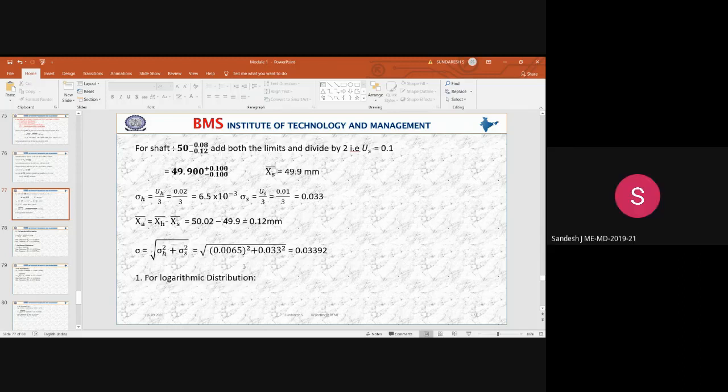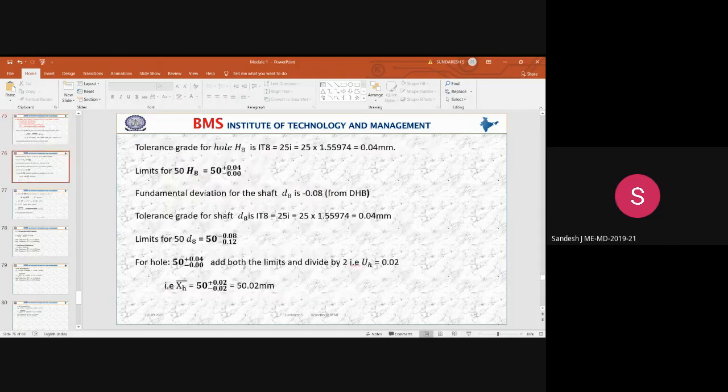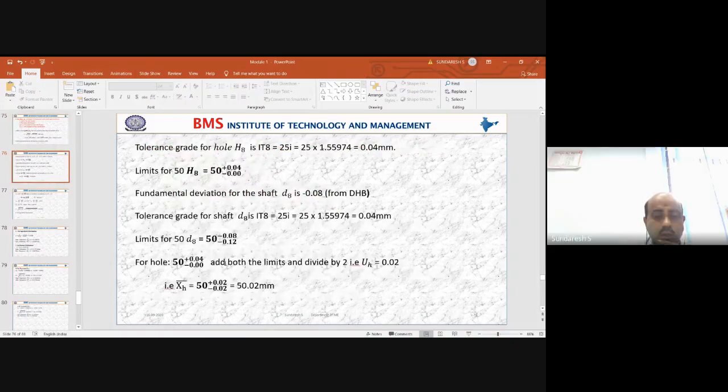So for the hole, the lower limit is 0.04. Lower limit, not upper limit. Upper limit is 0.04.